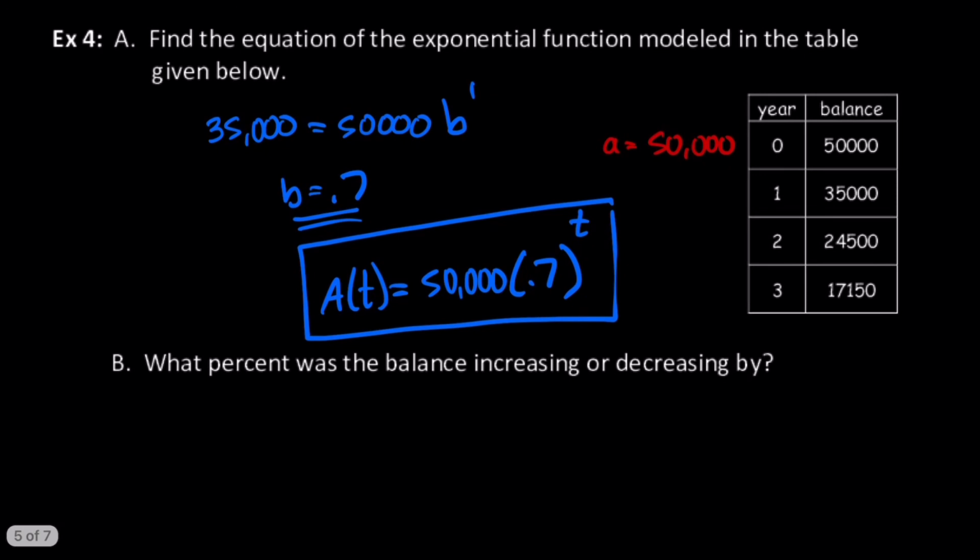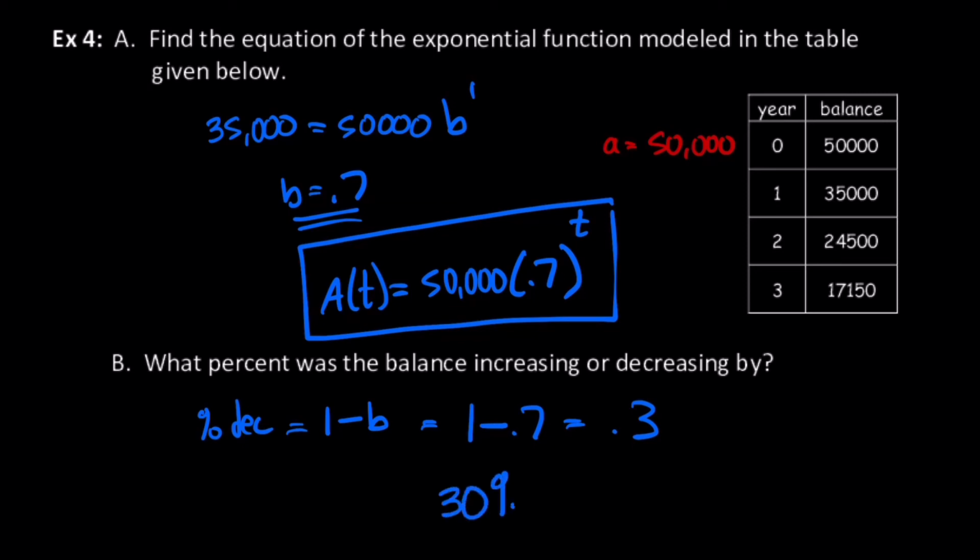What percent was the balance increasing or decreasing by? So your percent decrease equals 1 minus b. So in this case, it's going to be 1 minus 0.7, 0.3. So 0.3 is a 30% decrease.